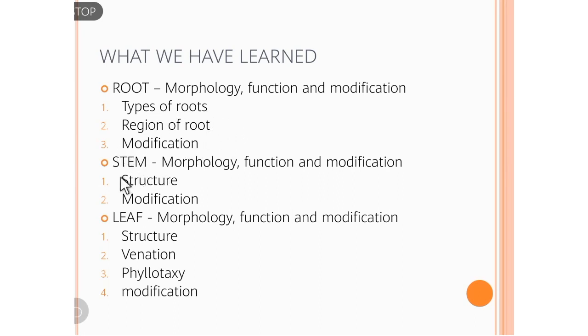Secondly, we have learned about stem, its morphology, function and modification. We have learned the basic structure of stem, including nodes and internodes and its functions, and we have discussed the modifications of stem for various purposes. And finally, in this session we have learned about morphology, function and modification of leaf, including the structure of leaf, venation, phyllotaxy and various modifications of leaf.